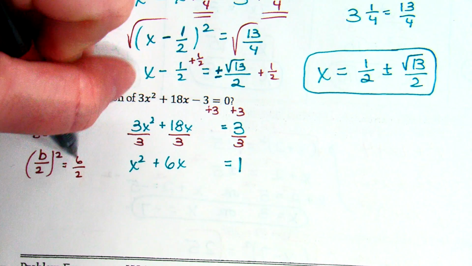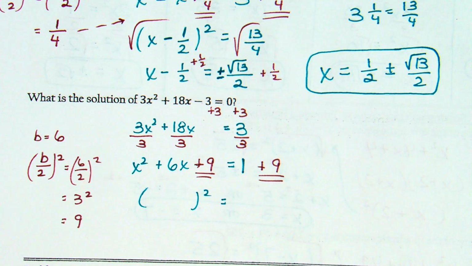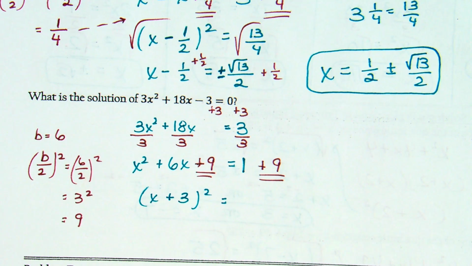X. What's the square root of 9? 3. What's my middle sign right here? Plus. So x plus 3. You could factor into two parentheses, but 3 times 3 is 9 and 3 plus 3 is 6, right? Yeah. So that works. Clean up the right while we're at it. 1 plus 9 is 10. That was step 3.